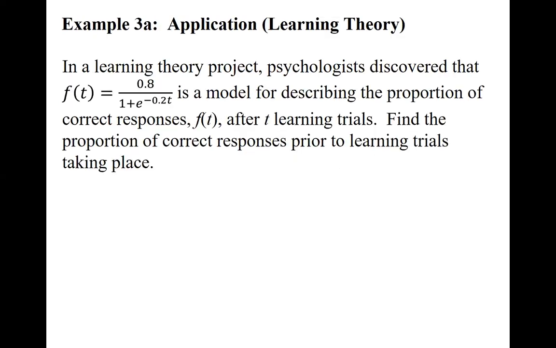In a learning theory project, psychologists discovered that f of t equals 0.8 over 1 plus e to the negative 0.2t is a model for describing the proportion of correct responses f of t after t learning trials. Find the proportion of correct responses prior to learning trials taking place.